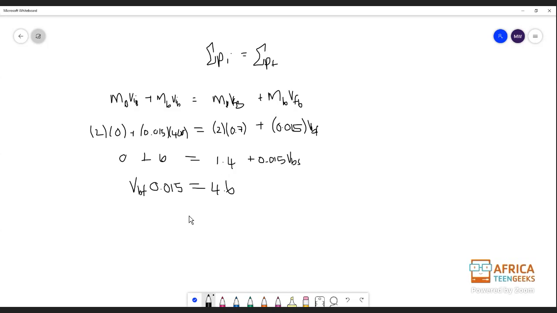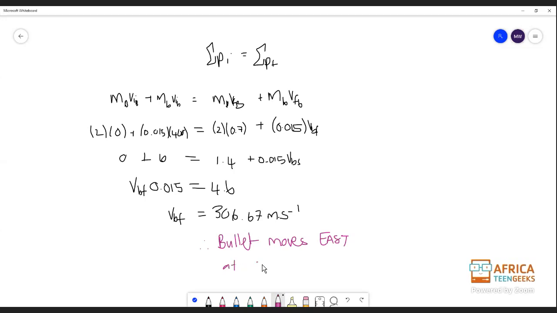Then we divide both sides by 0.015, and we get the answer to be 306.67 meters per second. Am I right? And you can just say the bullet moves east at 306.67 meters per second.